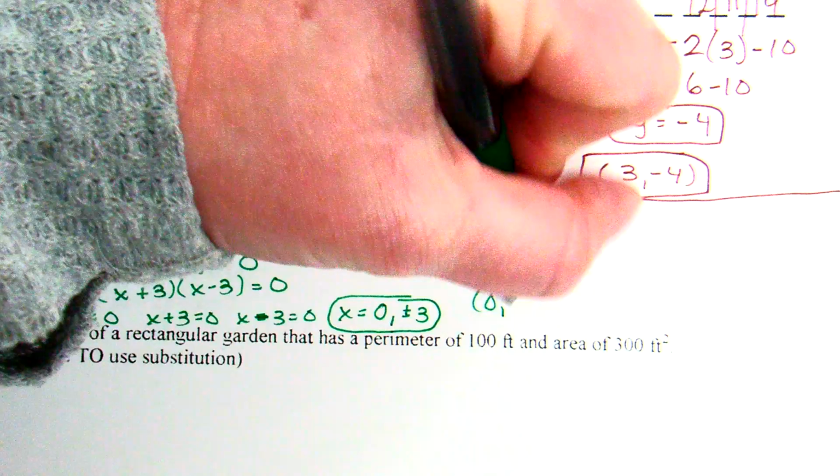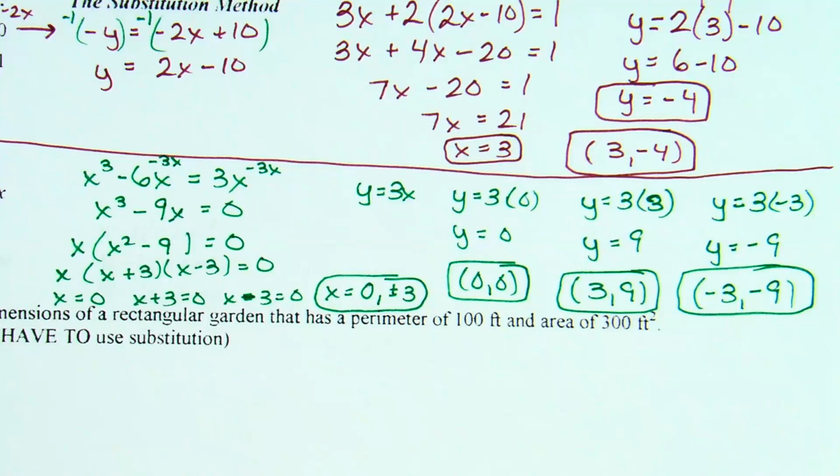And if we use negative 3, 3 times negative 3 is negative 9. So we have the ordered pair negative 3, negative 9. Okay. So make sure you're checking for all solutions there.